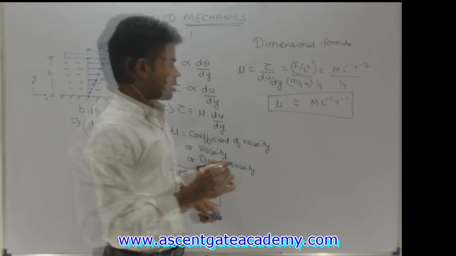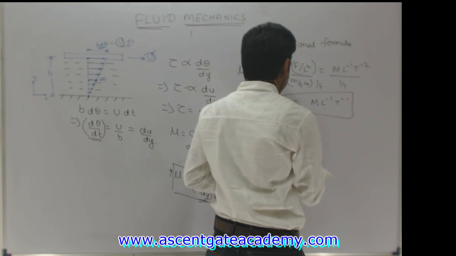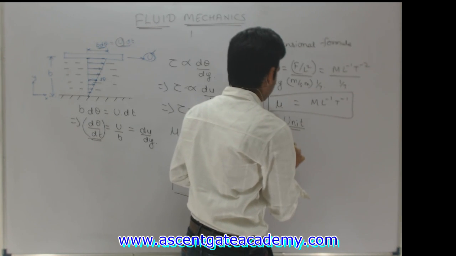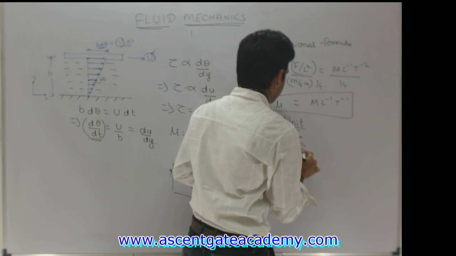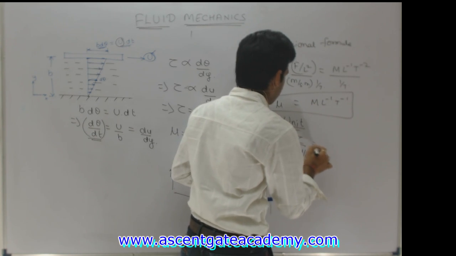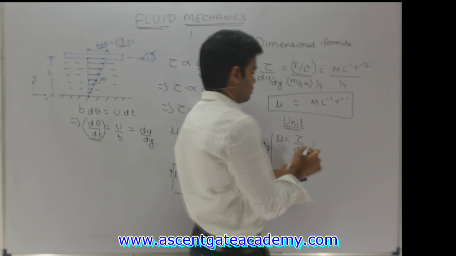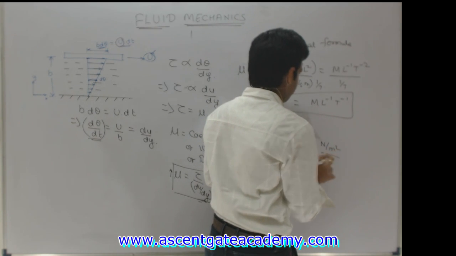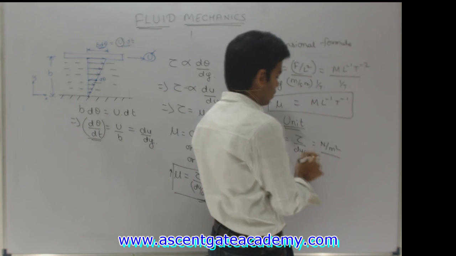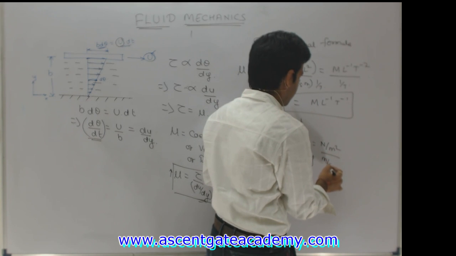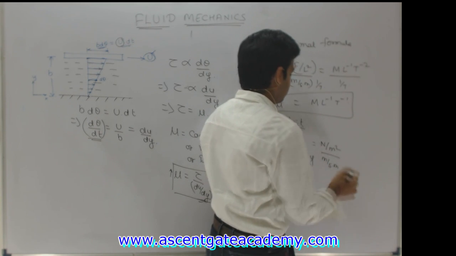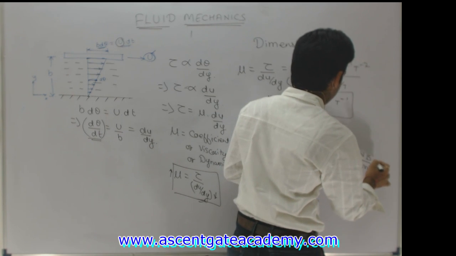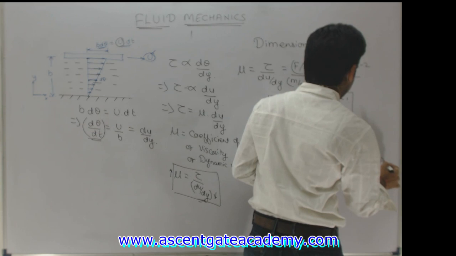What will be the unit of viscosity? Mu is equal to tau upon du by dy. Tau is shear stress, which is force per unit area, that is Newton per meter square. du by dy is velocity in meter per second per meter. So this will be Newton second per meter square, or Pascal second.